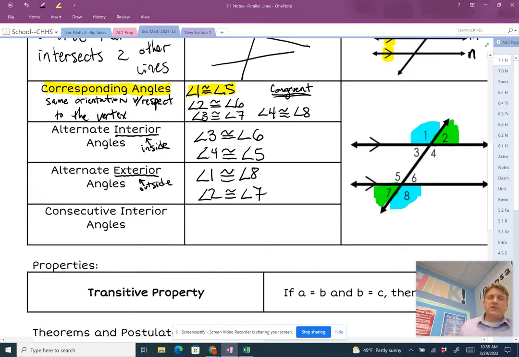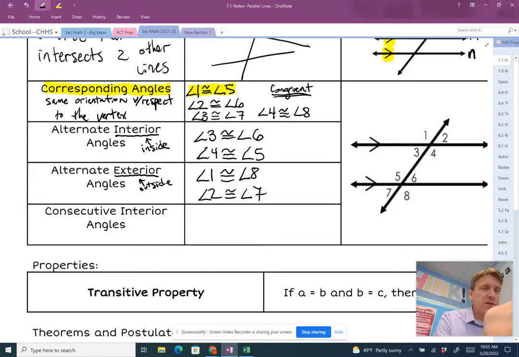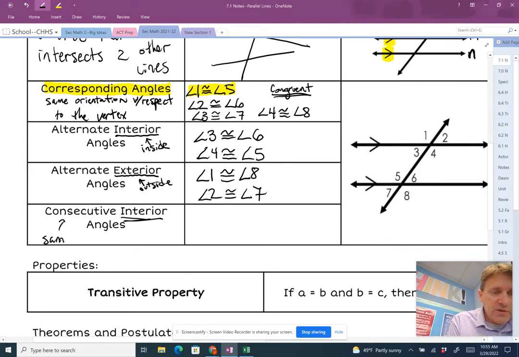Consecutive interior angles. Again, they're interior, meaning they're on the inside. Consecutive refers to same side. But this time they're not congruent.